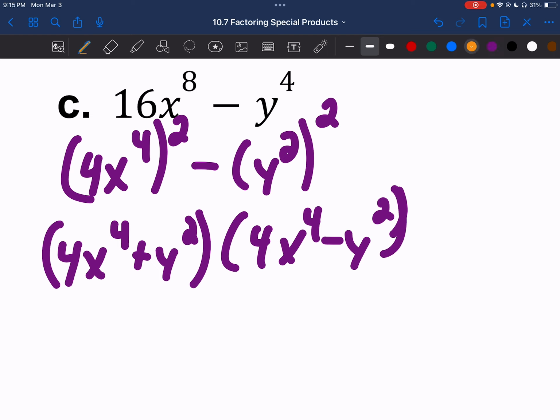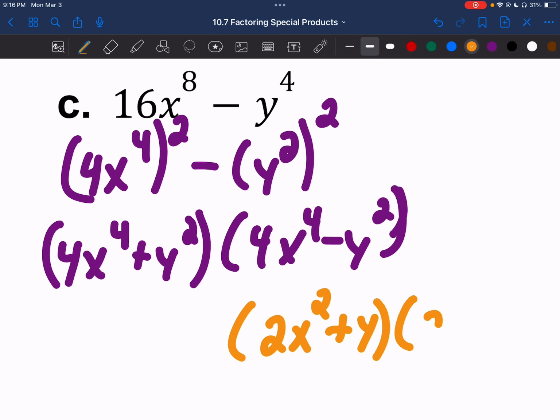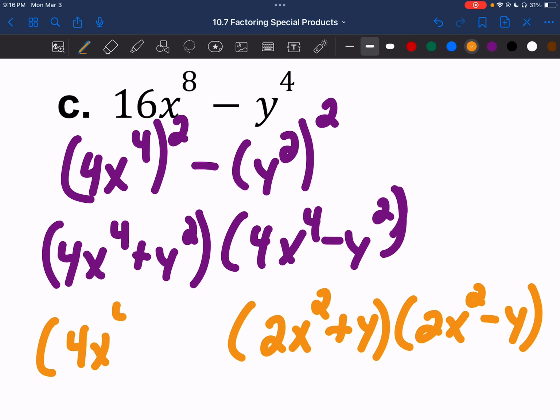But that's the difference of perfect squares again. And so you have (2x squared plus y)(2x squared minus y), and we bring down the 4x to the 4th plus y squared. So you have three terms there.